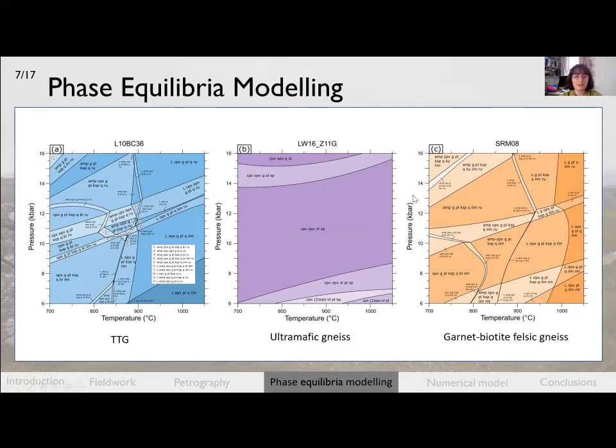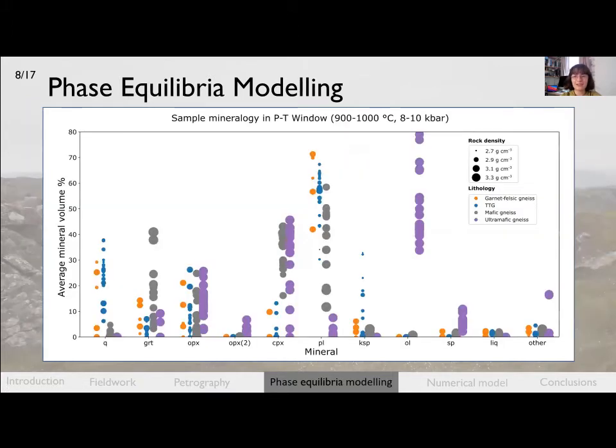Overall, by doing this modelling for all samples considered, we can build a picture of mineralogy at peak conditions, which is summarised in the figure here, where the minerals stable at peak pressure temperature conditions for each sample and their volume percent is shown. TTGs are shown in blue, garnet-biotite felsic gneisses in orange, mafic gneisses in grey, and ultramafic gneisses in purple.